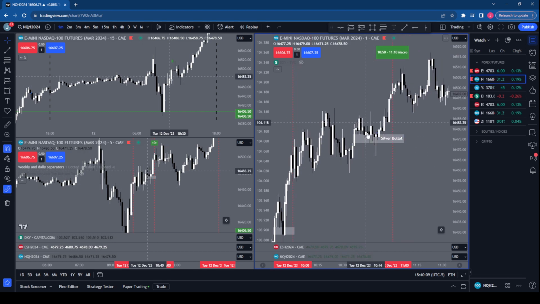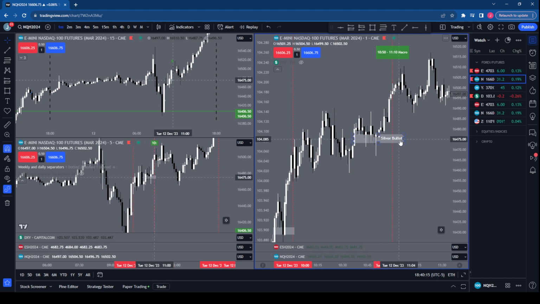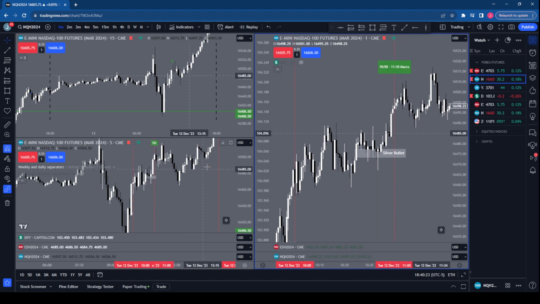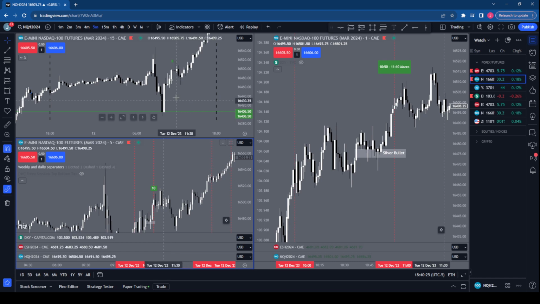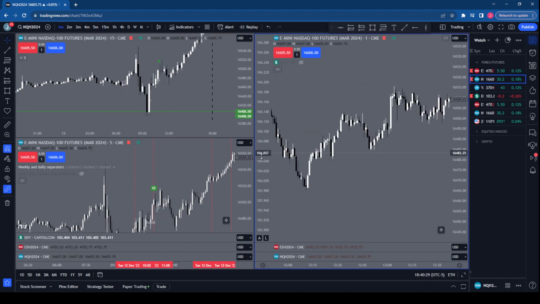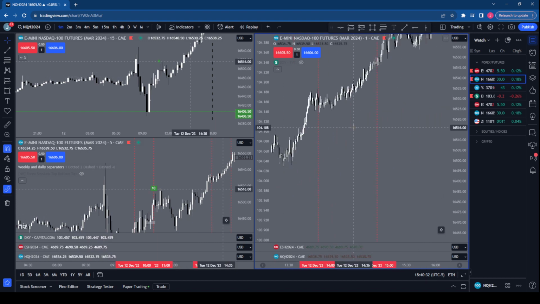And you can see right here, we had a lot of candles whose bodies all respected above the consequent encroachment. And then that delivered to the upside, same macro time, 10:50 to 11:10. Very similar to ES.